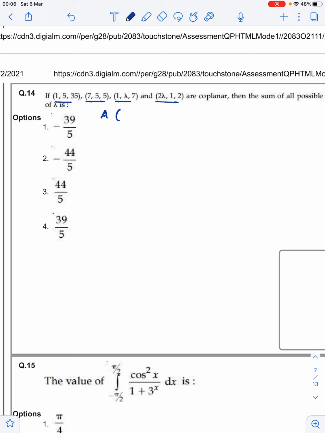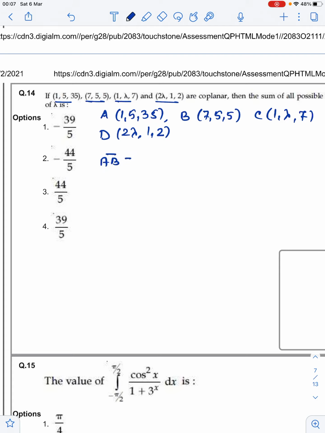So let us say this is the point A (1, 5, 35), point B (7, 5, 5), point C (1, lambda, 7), and point D (2 lambda, 1, 2). So let us make vector AB.